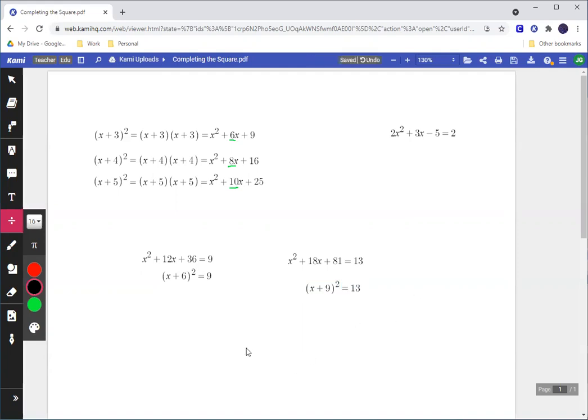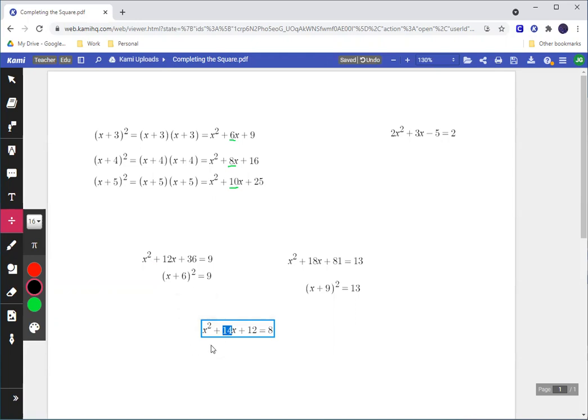Now, what happens if it doesn't follow the pattern? What if it's got something like this? So in this case, we have a trinomial that doesn't follow the pattern. And we see we've got a 14 in the center there.